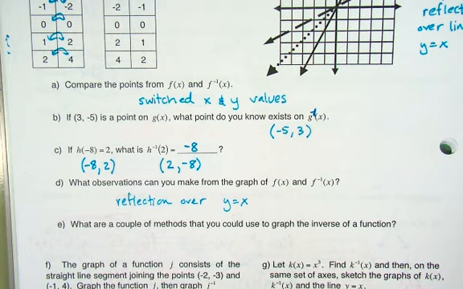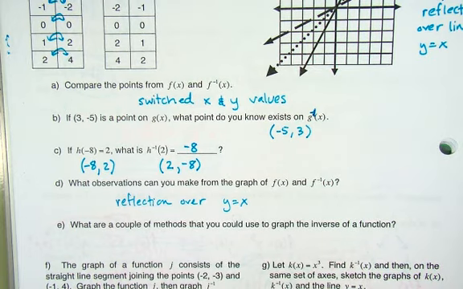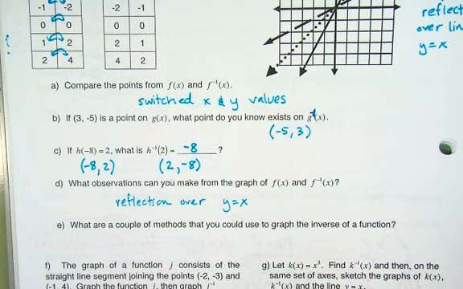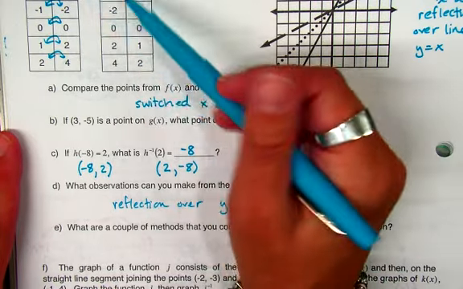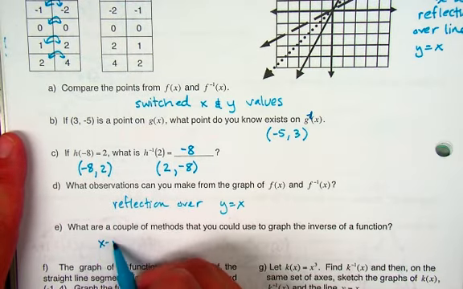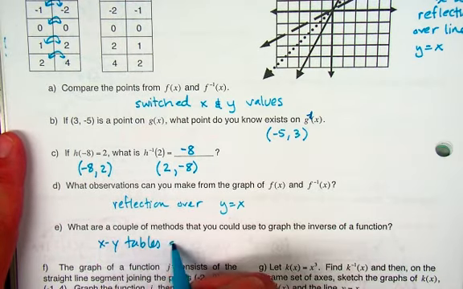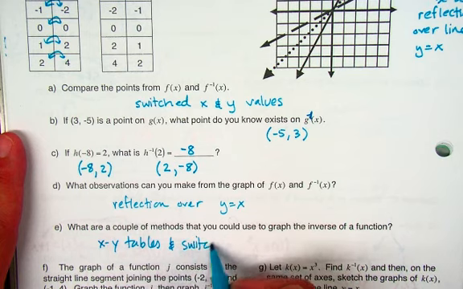What are a couple of methods that you could use to graph the inverse? So what are some ways you could graph them? Well, one way would be like we did there with the x and y charts, right? So you could do x and y tables, and you could switch all your values.